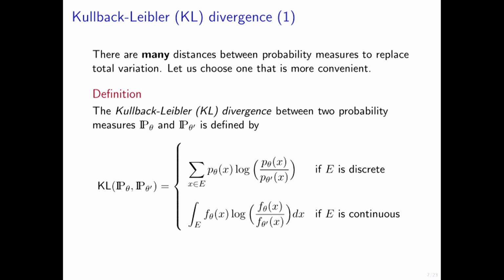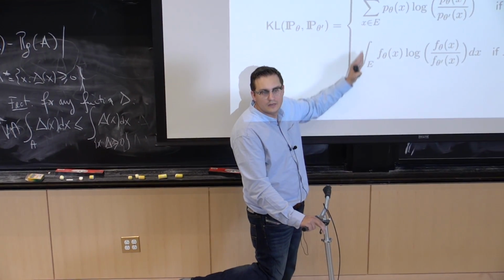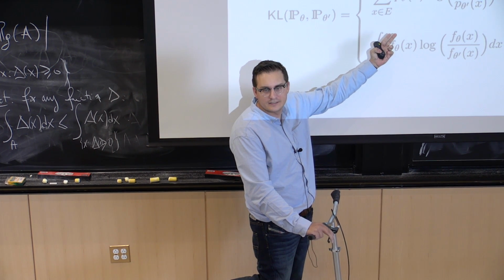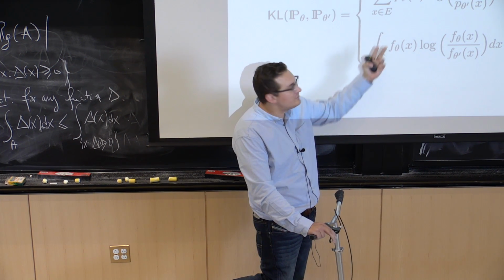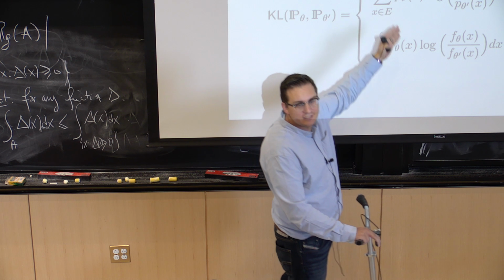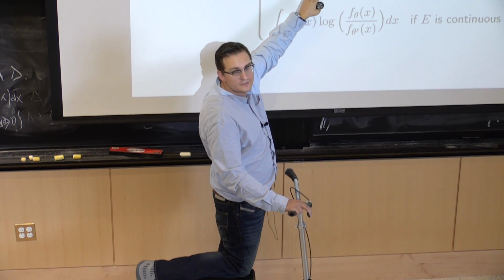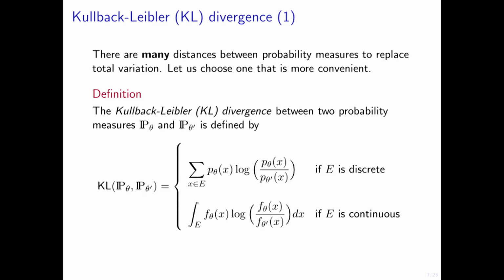Remember, before we had either the sum or the integral of 1/2 of the absolute value of the distance between the PMFs, and 1/2 of the absolute value of the distances between the probability density functions. Now we replace this absolute value of the distance divided by 2 by this weird function. This function is p theta log of p theta divided by p theta prime. That's a weird function.